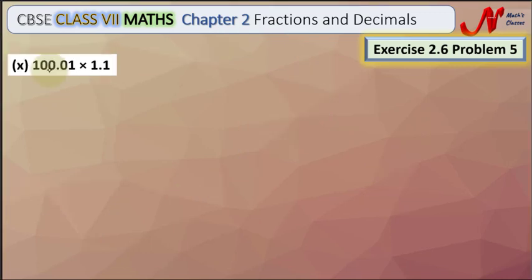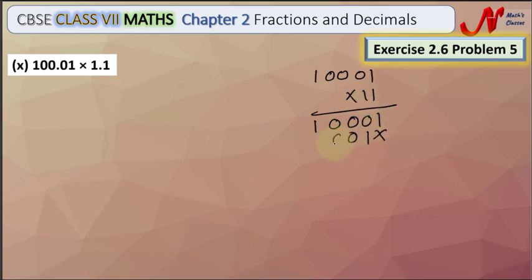Now we find 100.01 into 1.1. To find this one we multiply 10001 with 11. 1 1 is 1, 1 into 0 is 0, 1 into 0 is 0, 1 into 0 is 0, 1 1 is 1. Next, 1 1 is 1, 1 into 0 is 0, 1 into 0 is 0, 1 into 0 is 0, 1 1 is 1. By adding we get 110011.